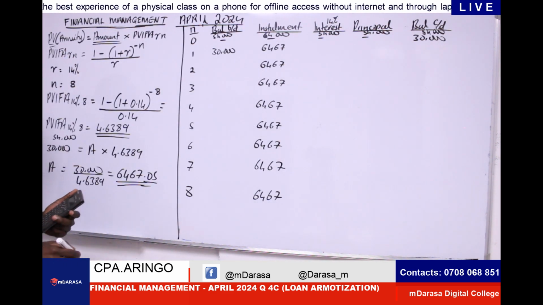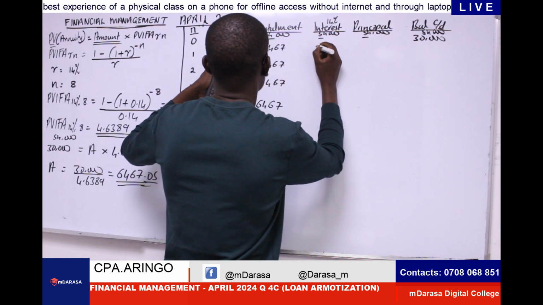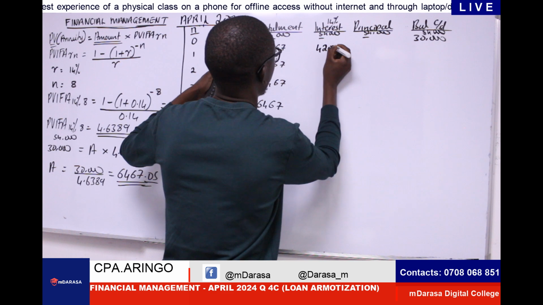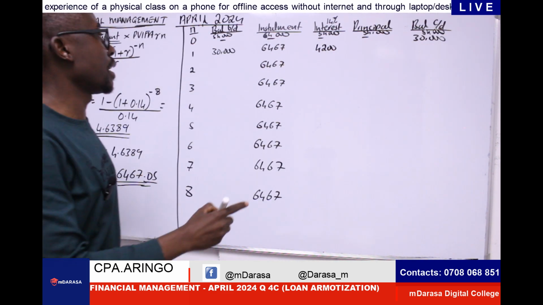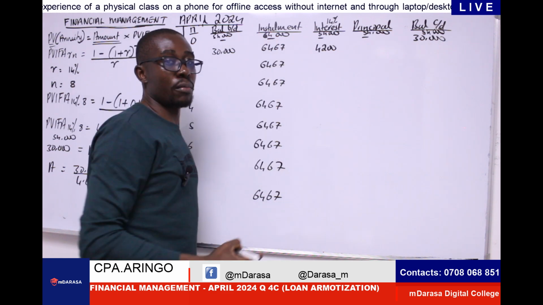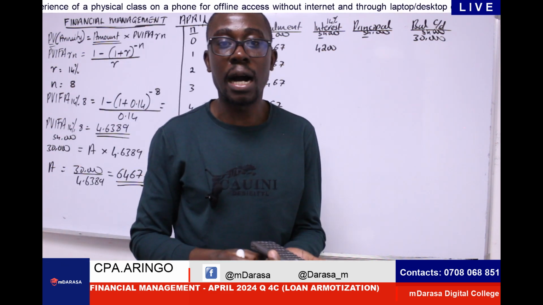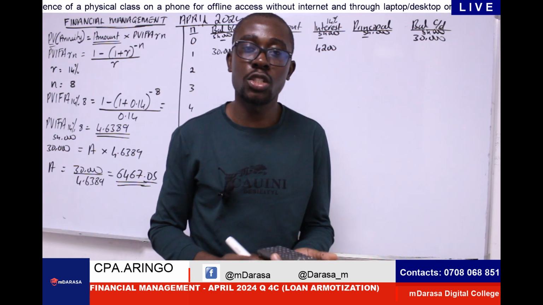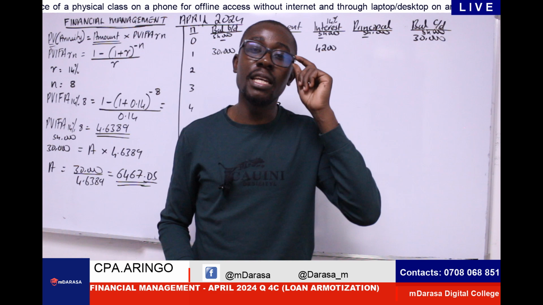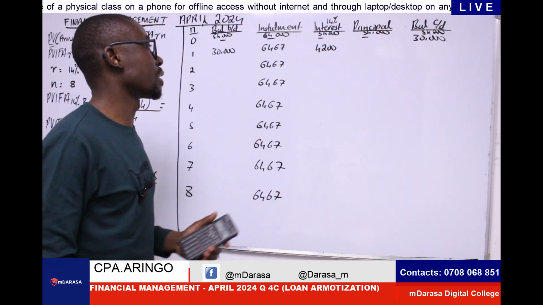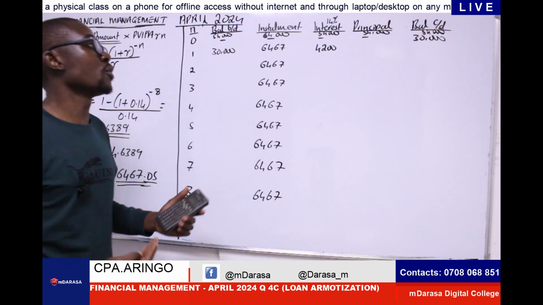So that is to say, year 1, I'll be having 14% of 30 million. That should give me 4,200. That is to say, my principal will be what? The installment is a combination of both principal and interest. So if my interest is 4,200 and installment being principal plus interest, can you now determine our principal?